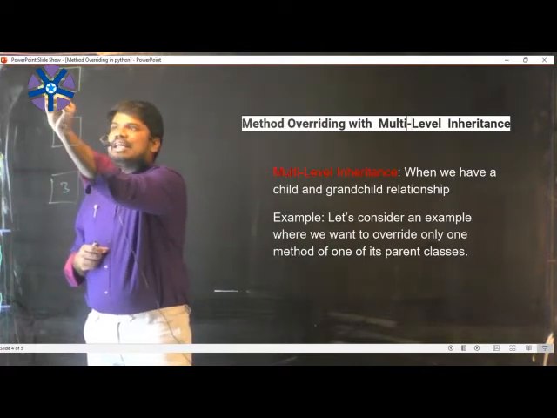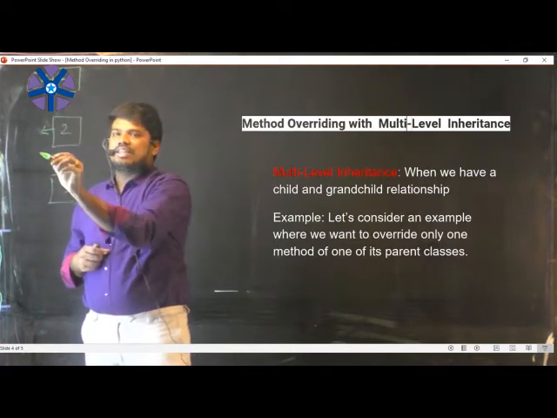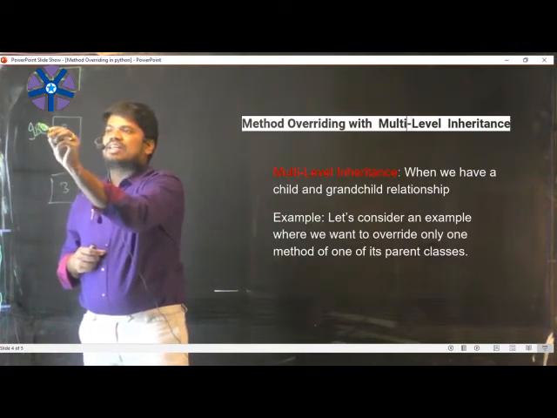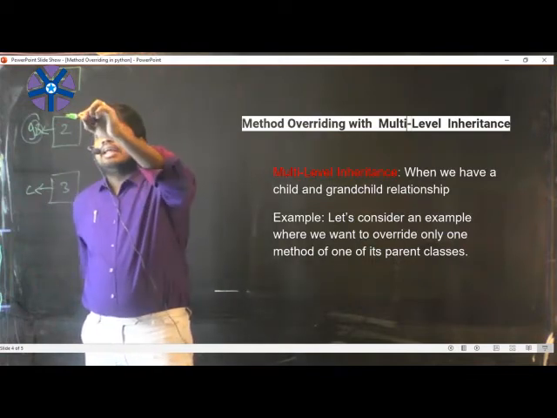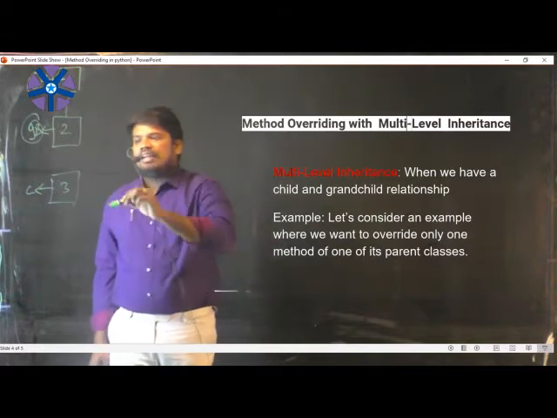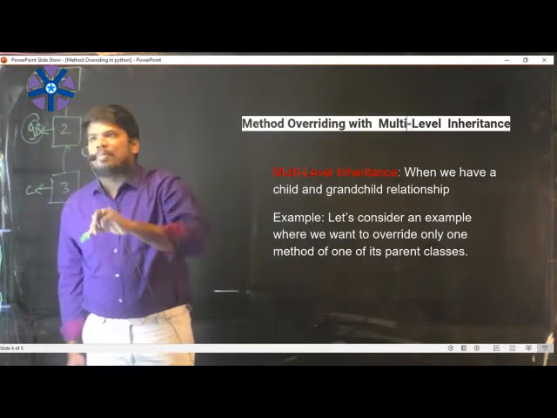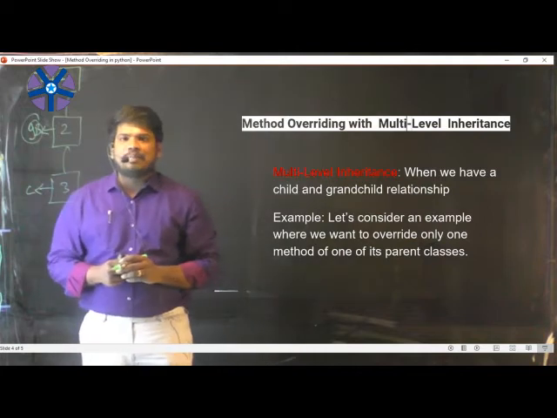This I'm calling a base class, this I am calling an intermediate base class, and this I am calling a child class. The intermediate base class will take the properties from the parent, and the child class will take the properties from the intermediate base class. So observe the example clearly.